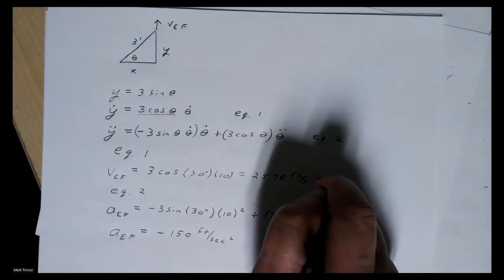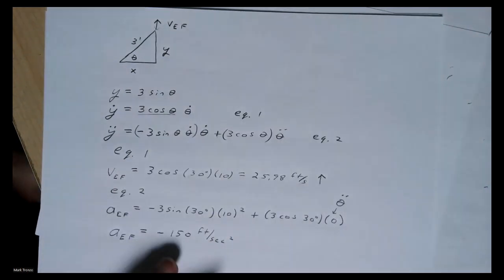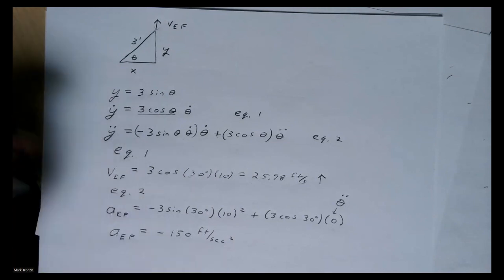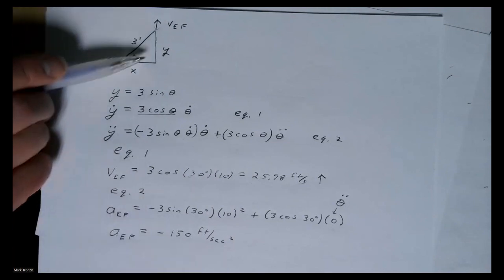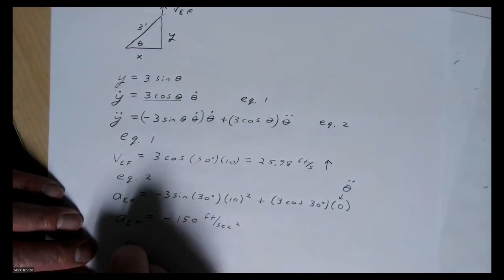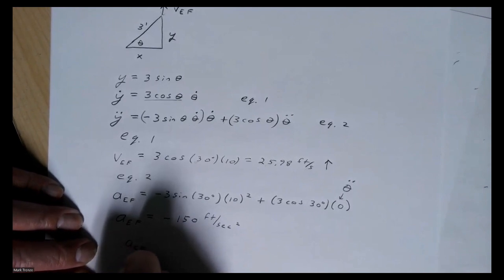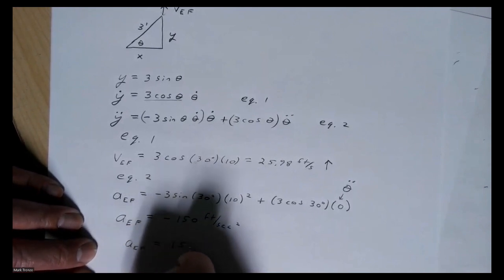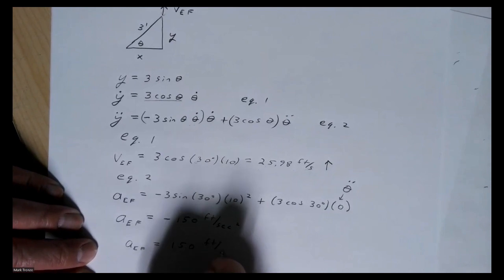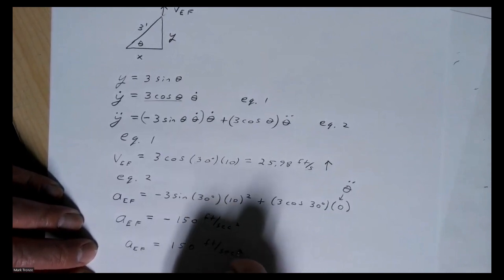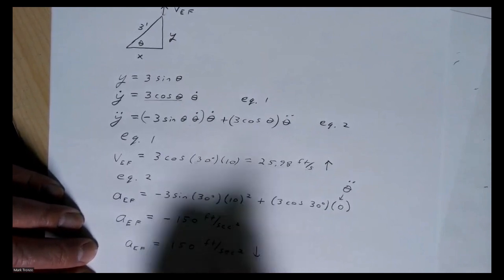So we can say that's going to be upward. And now since this is negative, that's indicating that the acceleration is going to be downward. So AEF is 150 feet per second squared downward, like that.